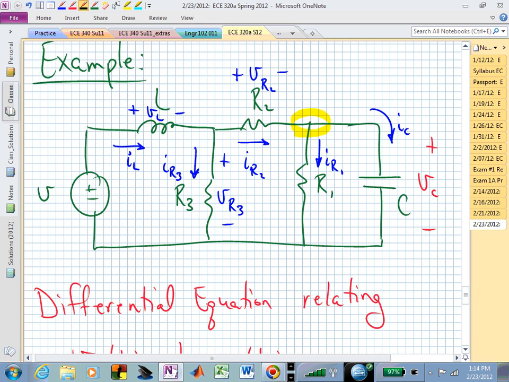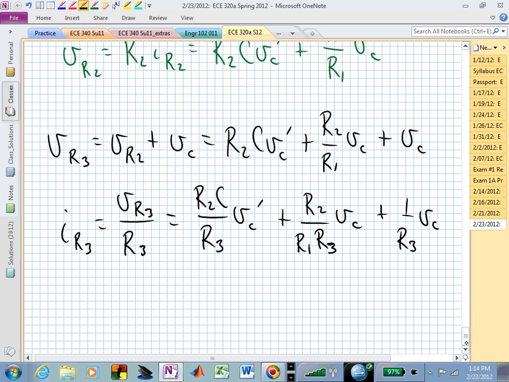Now what can I do? Now I can write I sub L. I know I sub L in terms of I sub R sub 3 and I sub R sub 2. Again, I'm working from right to left. I can now say that I sub L is equal to I sub R sub 3 plus I sub R sub 2.